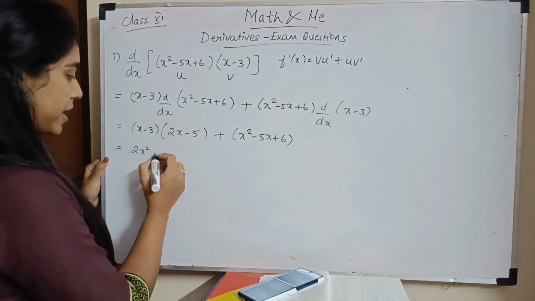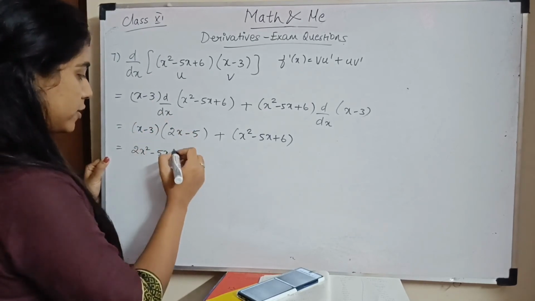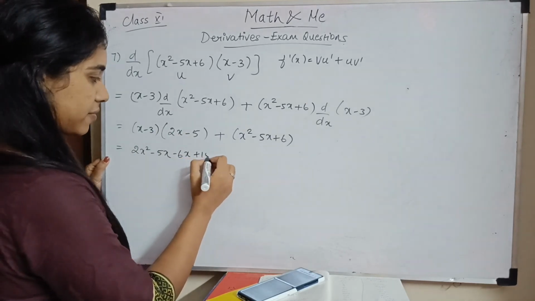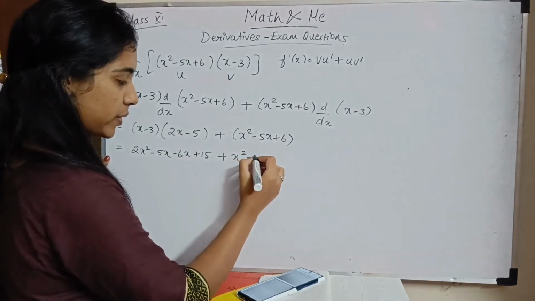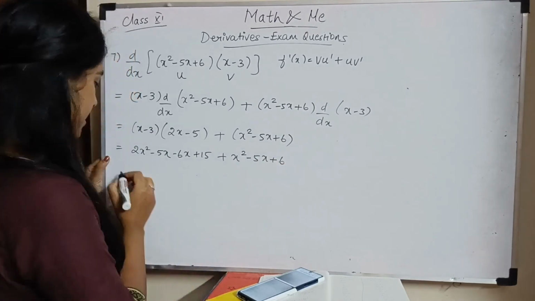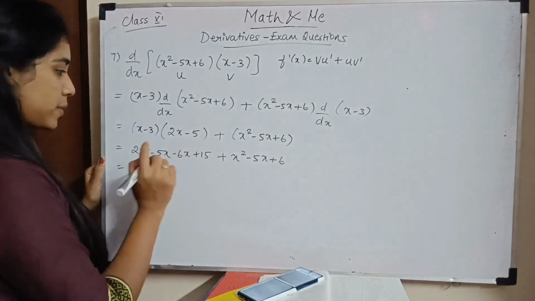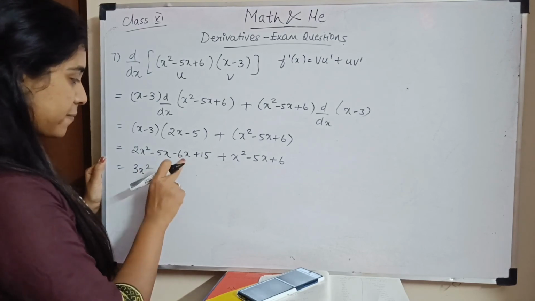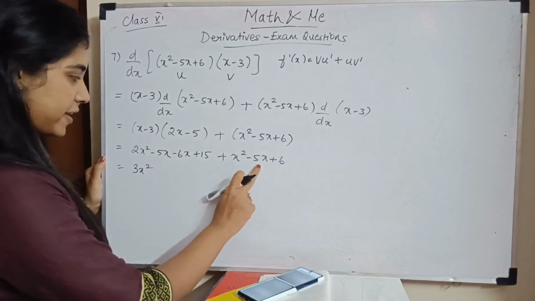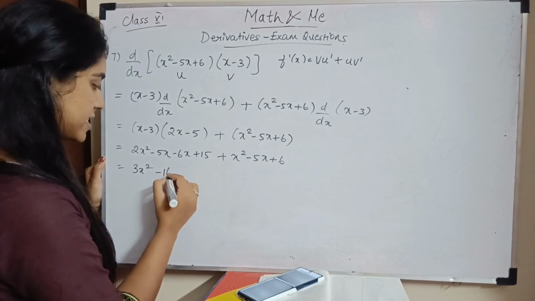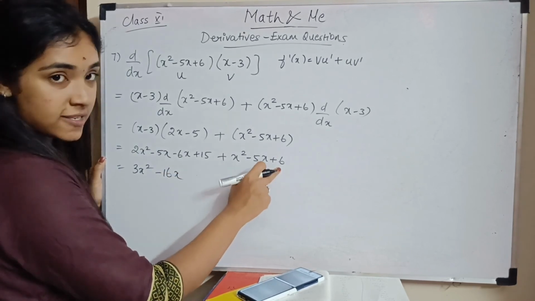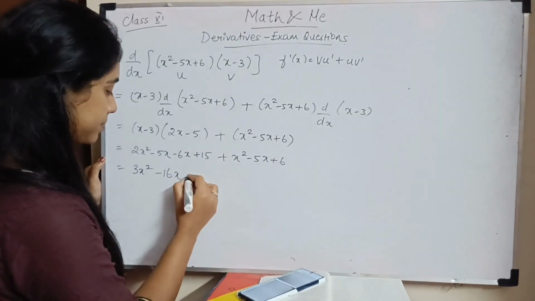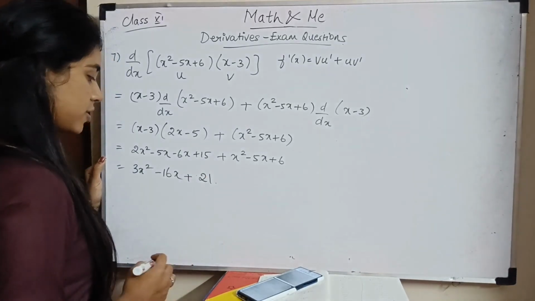X times minus 5, minus 5x. 3 2s are 6, minus 6x plus 15, plus x square minus 5x plus 6. Now what will it be? 2x square plus x square, 3x square. Minus 5x minus 6x minus 5x, what will it be? Minus 16x. 15 plus 6 will become 21. So this is your final answer.